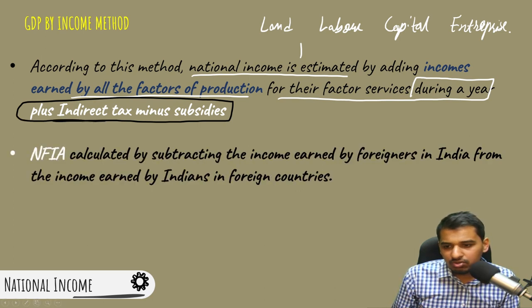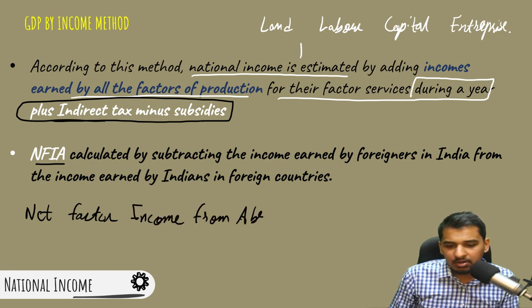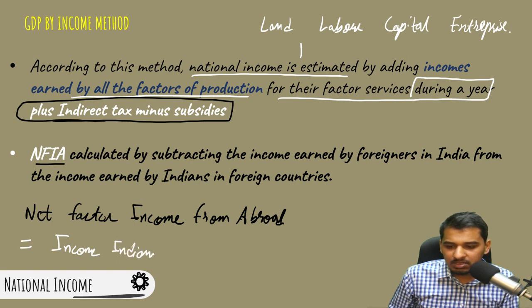But before this, you should know about one thing, that is NFIA, that is net factor income from abroad. Net factor income from abroad. You should know about this. Now this NFIA, net factor income from abroad, is nothing but income earned by Indians, income of Indians in foreign country.